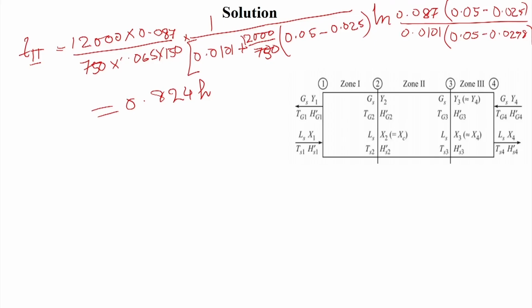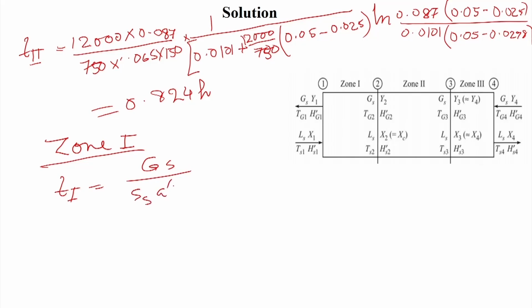Now, we will be calculating the time for zone 1. So, for zone 1, we have this total time T1 is equal to Gs by Ss into A prime into Ky into ln of Ys minus y2 by Ys minus y1.